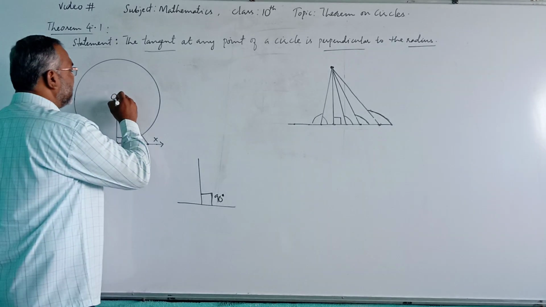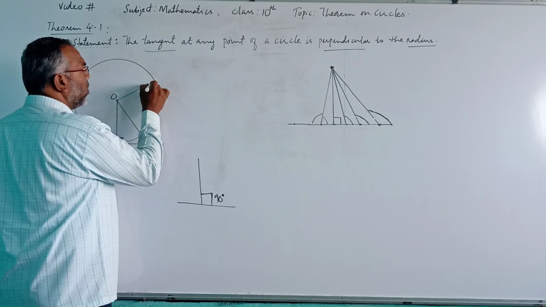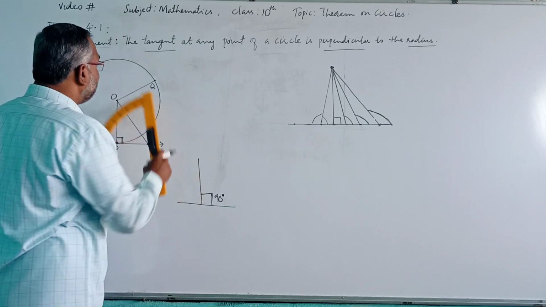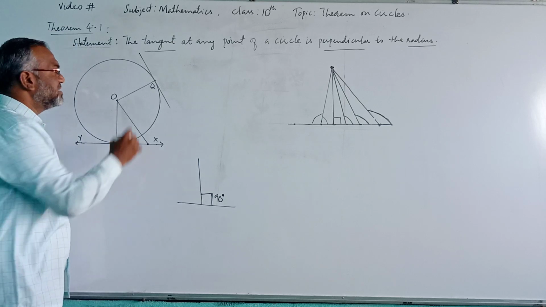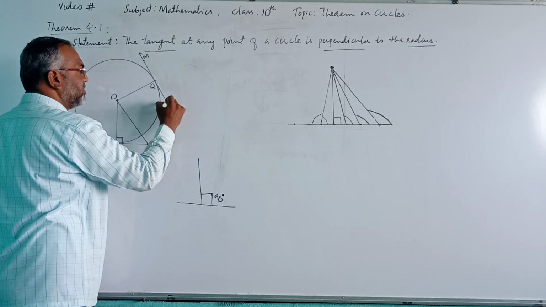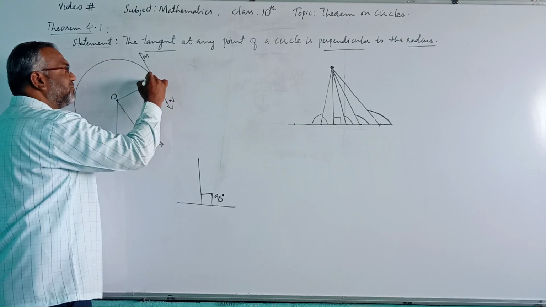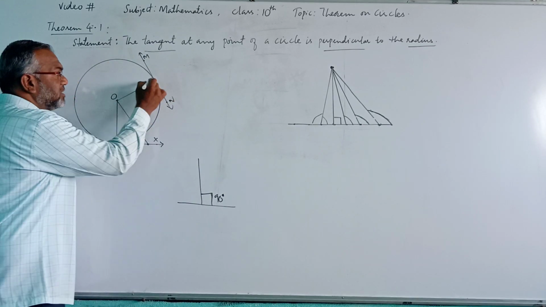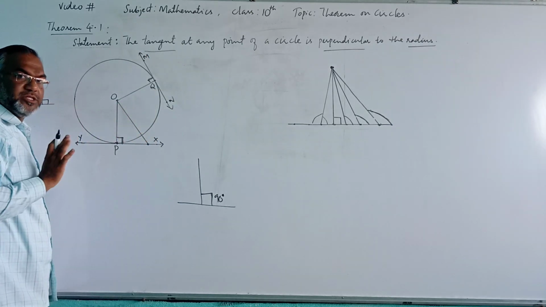If I draw a radius here, imagine OQ is the radius, and if we draw a tangent that passes through Q, imagine this line is MN, then the angle between MN and OQ will definitely be equal to 90 degrees, and therefore OQ and MN at the point of contact are at 90 degrees, so OQ and MN are perpendicular to each other.